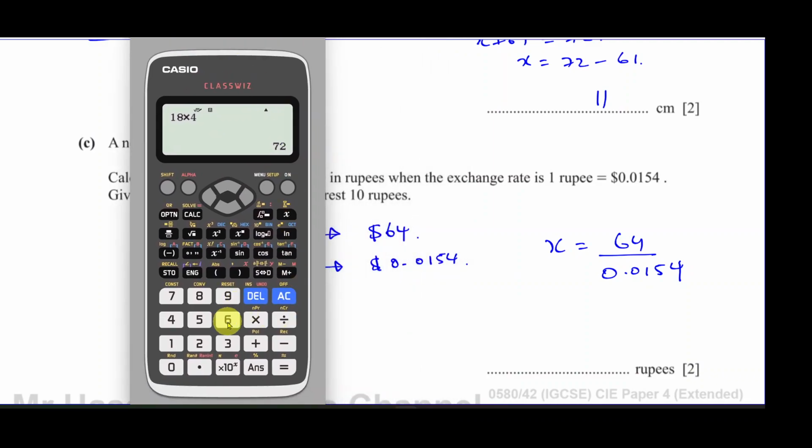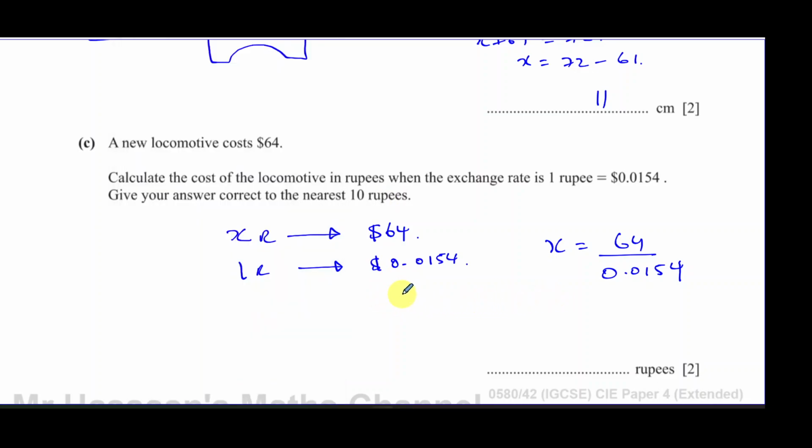So you have 64 over 0.0154, and that gives us 4,155.844, and that's in rupees.